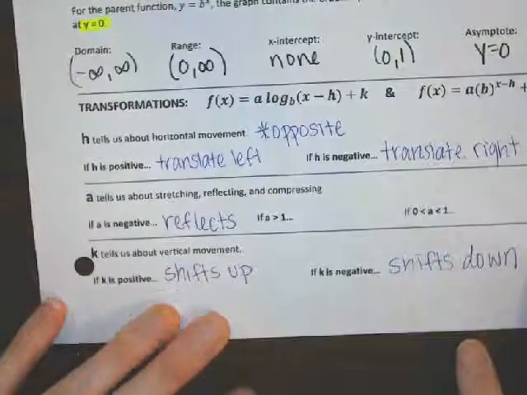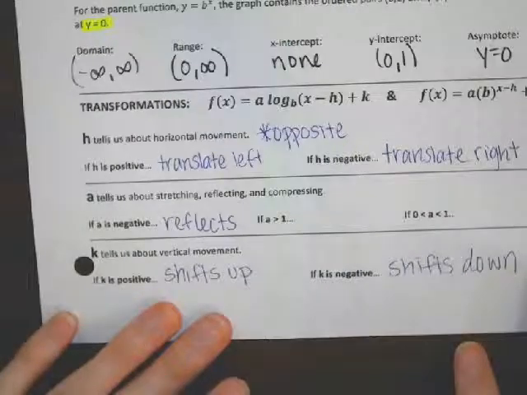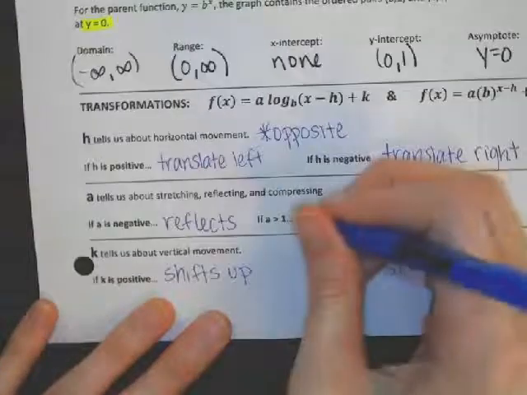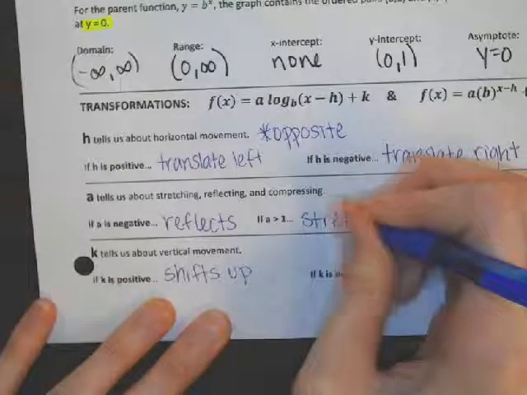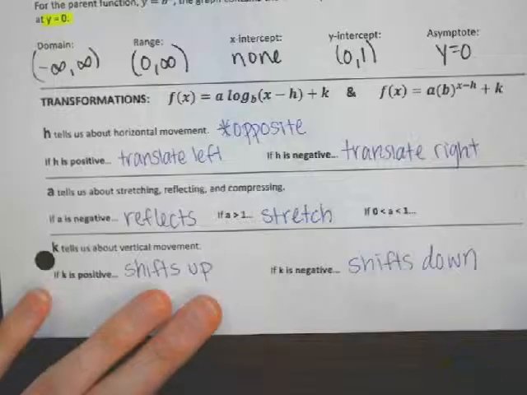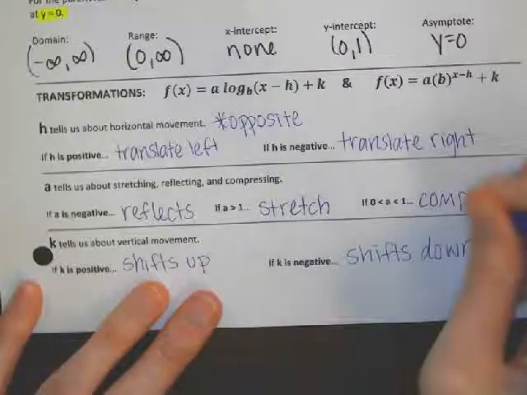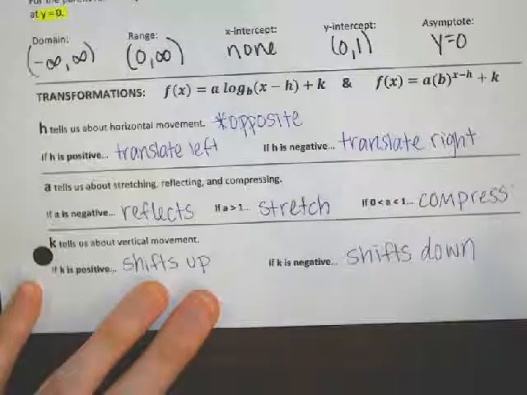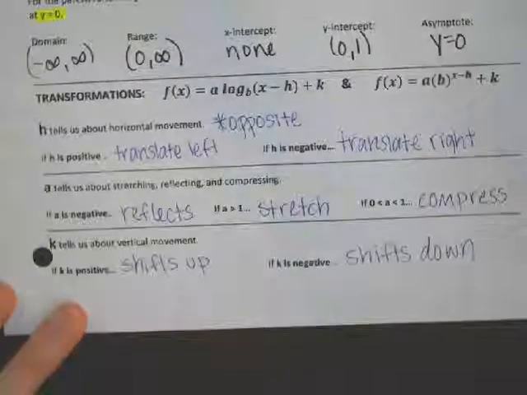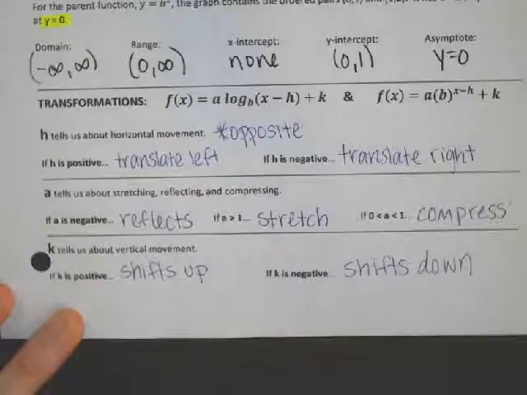What if a is bigger than 1? So when I multiply your height by something bigger than 1, what does it do to you? Stretches you. And then if you multiply by a number between 0 and 1, like a fraction, if you take a half of somebody, what does it do to you? Compress. So these are the same characteristics we've talked about all year. It's just we're talking about them with respect to the exponentials and logs now.